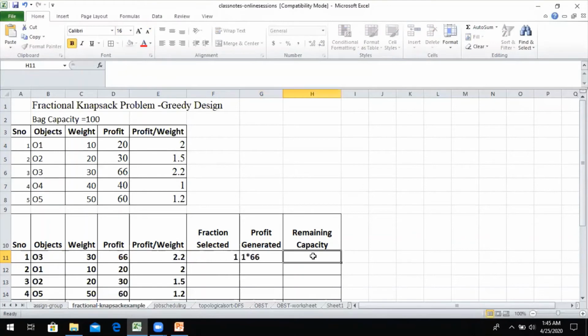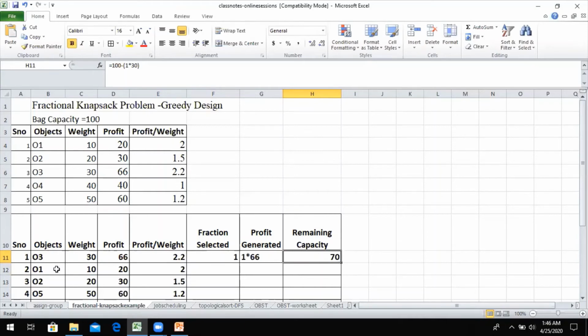So what would be the remaining capacity? This would be 100 minus 1 into the weight, which is 30. And hence the remaining capacity after selecting object O3 into the bag is 70.